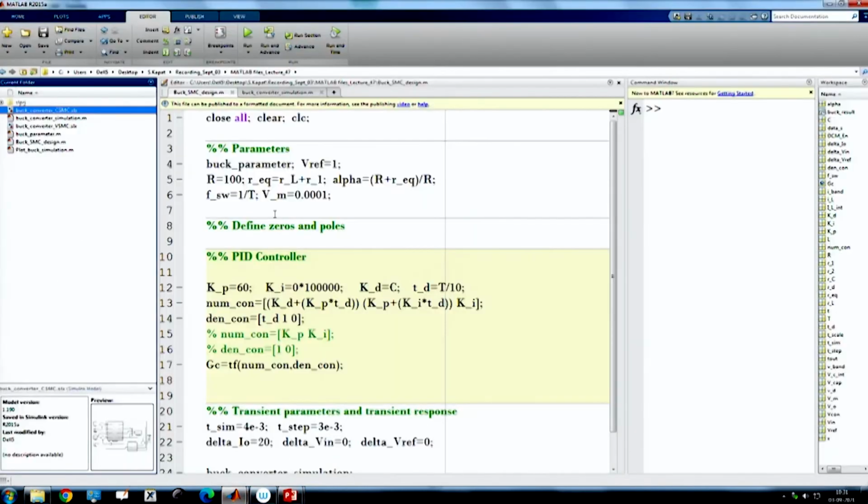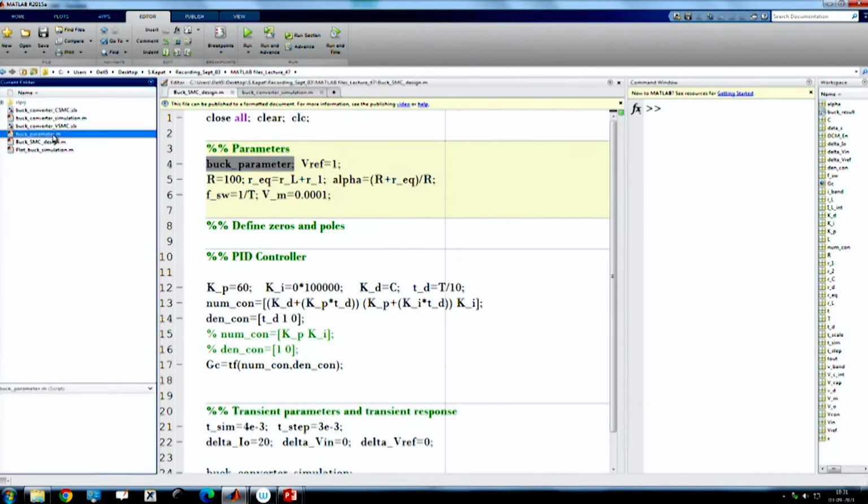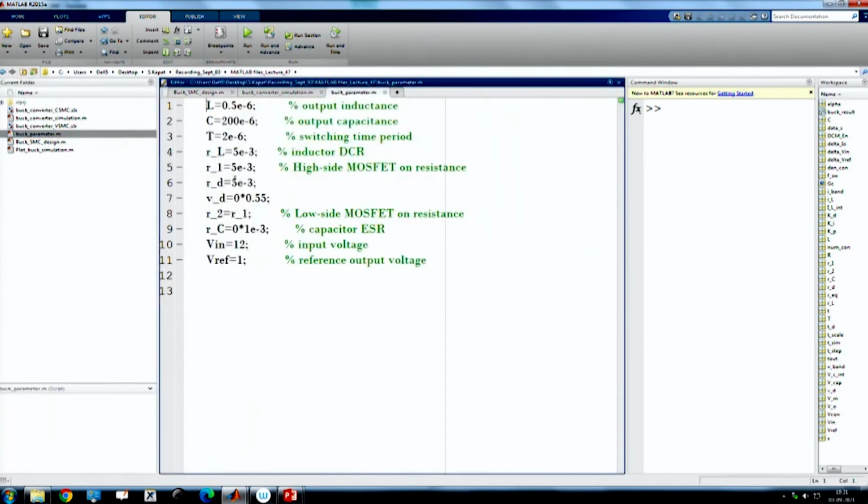Now, this is my buck parameter. You can take an ideal buck to start with, you can put all the parasitics to be 0, there is no problem, okay. And 12 volt input, 1 volt output, a standard form.